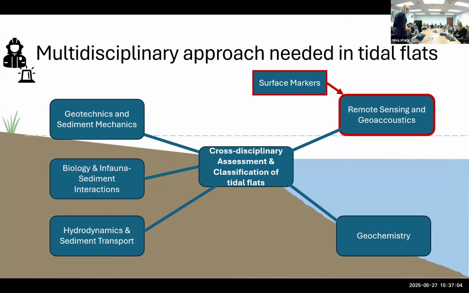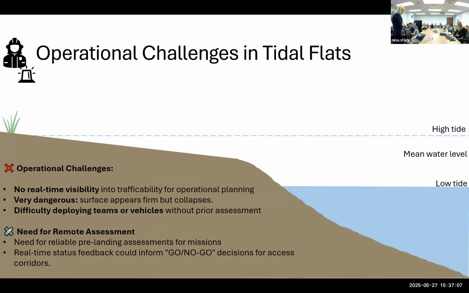So something like a predictive system. The problem right now is that we have no real-time visibility into trafficability in tidal mudflats, and it's very dangerous. You can't send out a team for an operation or to rescue people when you don't know what the conditions are. Because of that, we need something remote.